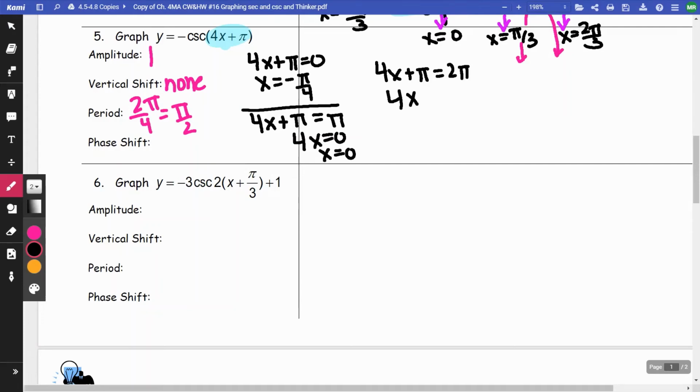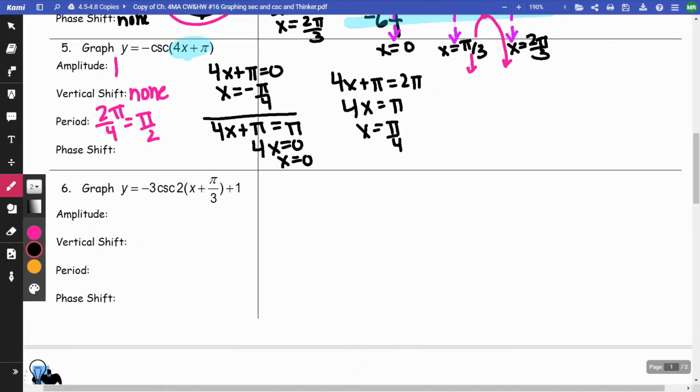I get 4x is equal to pi, x is equal to pi fourths. So let me get my graph. And I am going to be starting at 0. Then I have 1, 2, 3, 4, 5. So this is going to be ending at pi fourths.